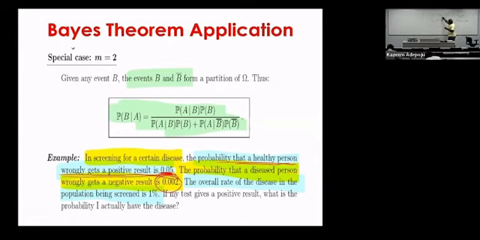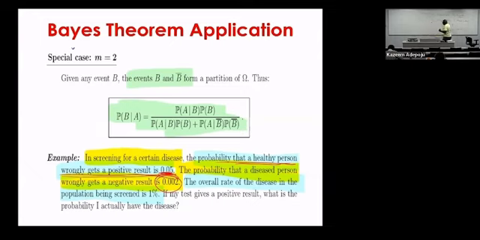If you take a look at what we have, this is going to be the probability of A given B, multiplied by the probability of B, divided by the probability of A given B times the probability of B, plus the probability of A given B complement times the probability of B complement. What you basically need to do is this.